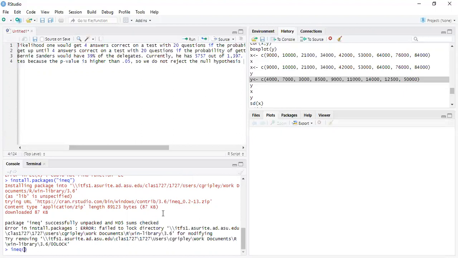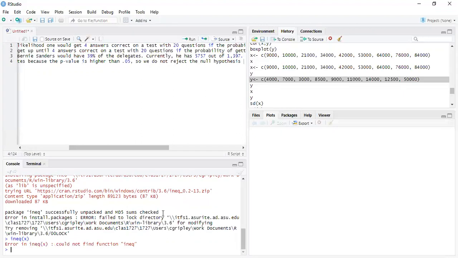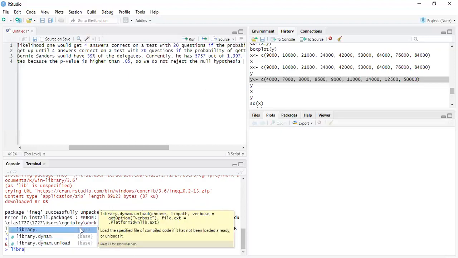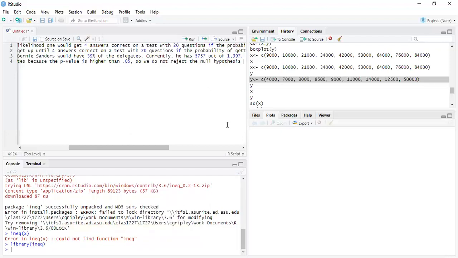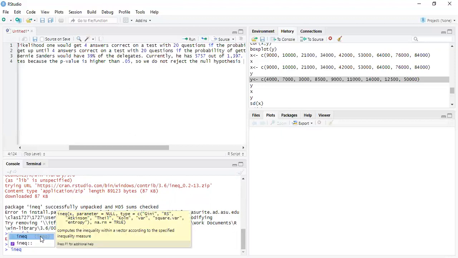This one is on purpose, I swear to you. Let's see the inequality of X first. Oh my God, what am I doing wrong? Well, I have to get it from the library. Even though we installed it, don't forget we have to go back and get it with library, and we don't need quotes here. It seems to go through because you've got nothing. Now we can see. And one way to know that it's there, I always look up here. See, it's up there.